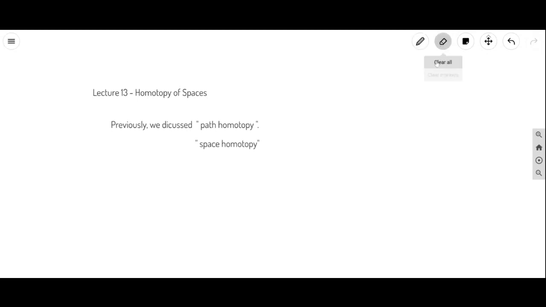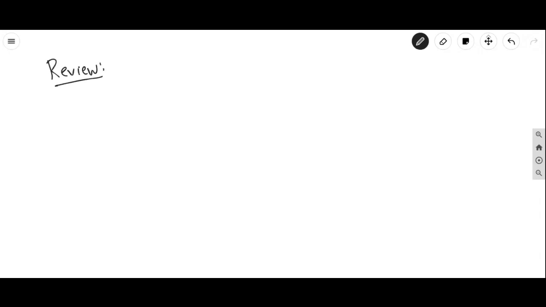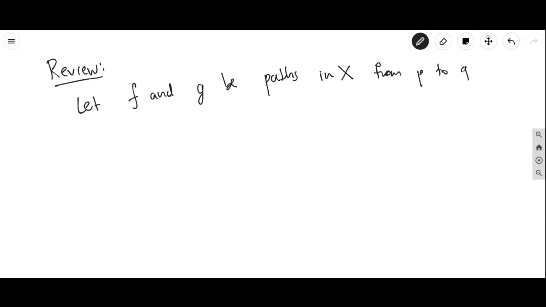So I'd like to begin by reminding what it means to be a homotopy of paths. So this is just a quick reminder. So this is review. Let f and g be paths in X from p to q.